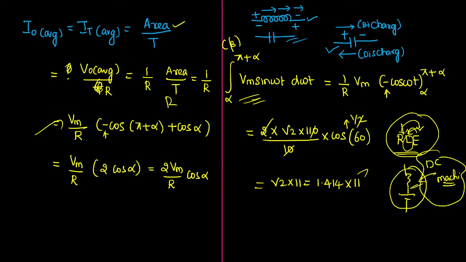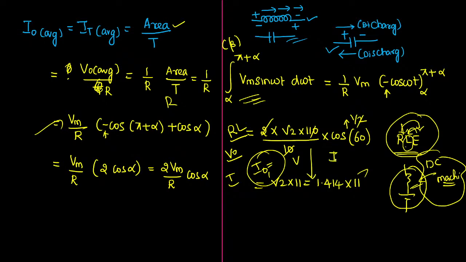Just to discriminate: while calculating RL load, calculate V naught average first, then directly calculate I naught average. Similarly, while calculating RLE load, if you want the value of V naught average or I naught average, first go ahead with the I naught average. It is easy to calculate. If you calculate I naught RMS or V naught RMS, I naught average, V naught average in case of RLE load through the voltage calculation, the derivation will become lengthy.